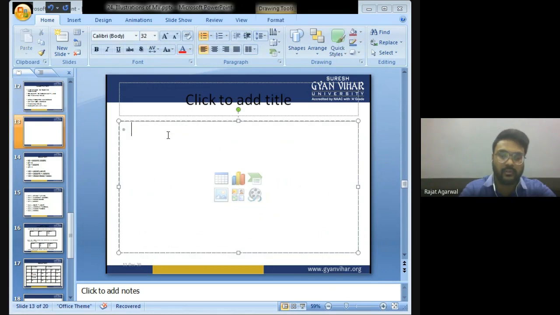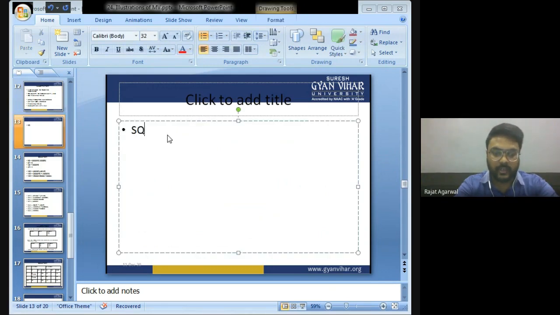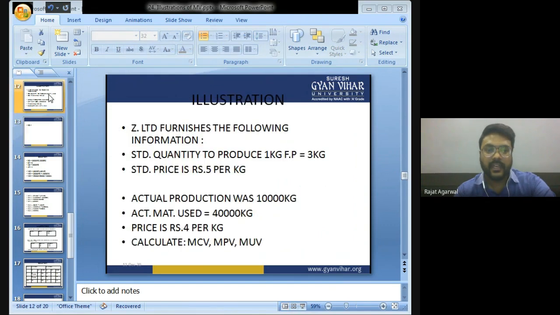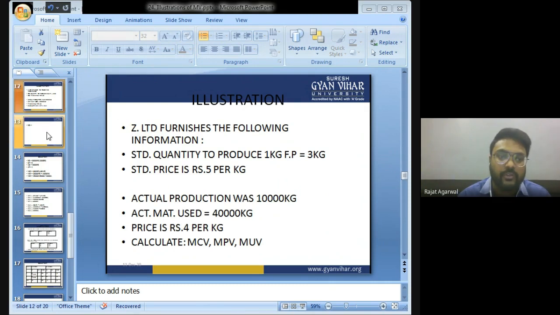First of all, standard quantity. It is saying we require 3 kg of material to produce 1 kg of finished product. We have produced 10,000 kg of finished product. So, bachcho, as per standard, this 10,000 kg of finished product should be prepared by using 30,000 kg of material. That is 10,000 into 3.